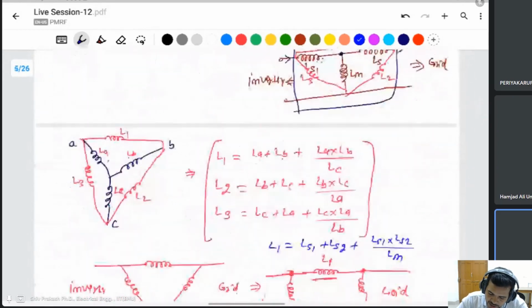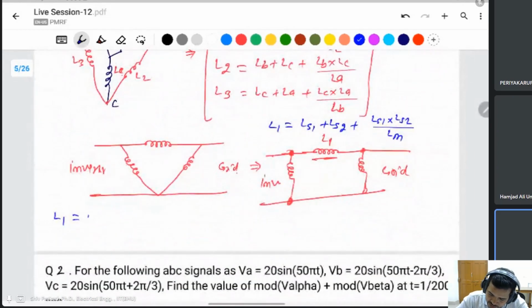Here LS1 is 1 millihenry, plus this is also 1 millihenry. The multiplication of these is 1 millihenry into 1 millihenry, divided by 100 millihenry.